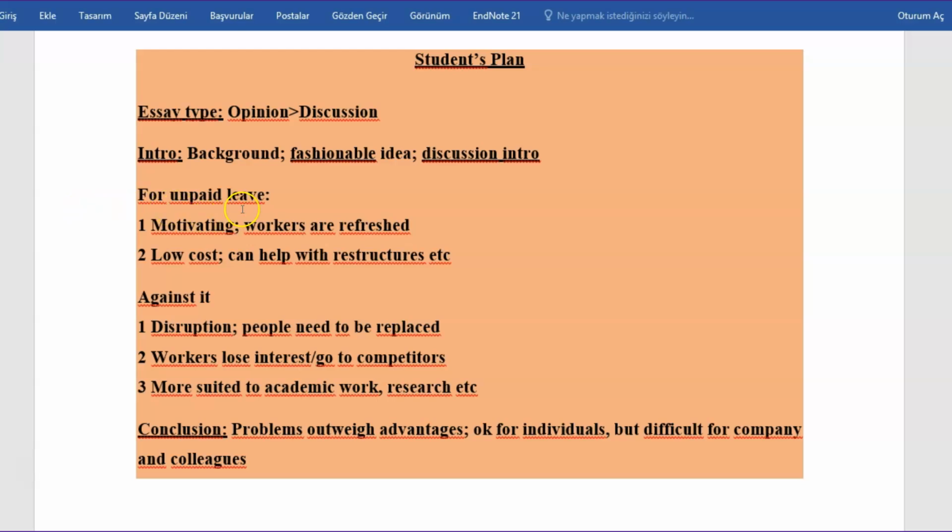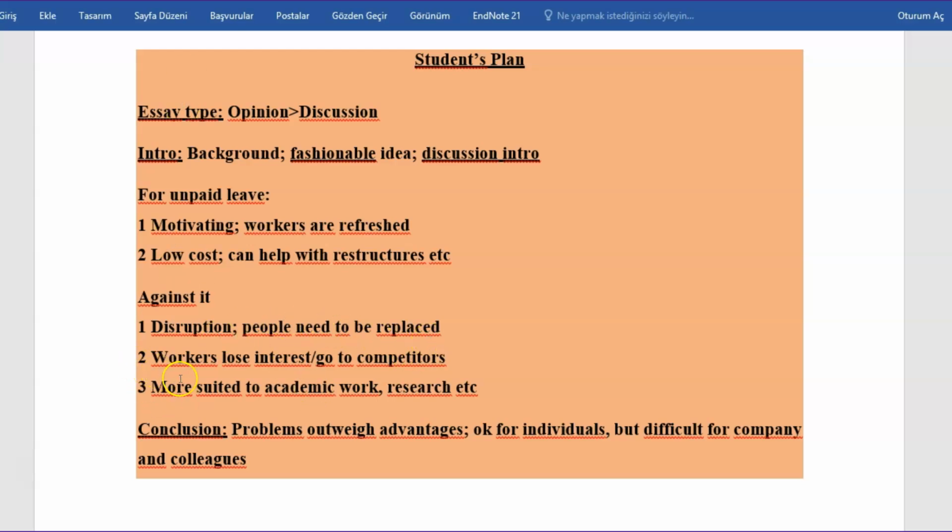For unpaid leave, we prepared: number 1, motivating, workers are refreshed. Number 2 reason, it's low cost, can help with restructuring and so on. And against it, the number 1 reason, disruption, people need to be replaced.